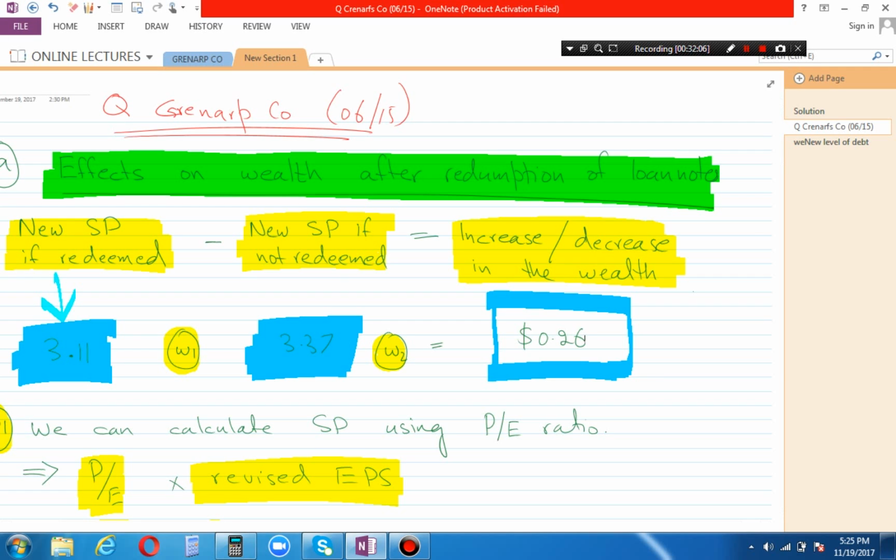So if the amount is used for redemption, the wealth is going to decrease by 0.26.